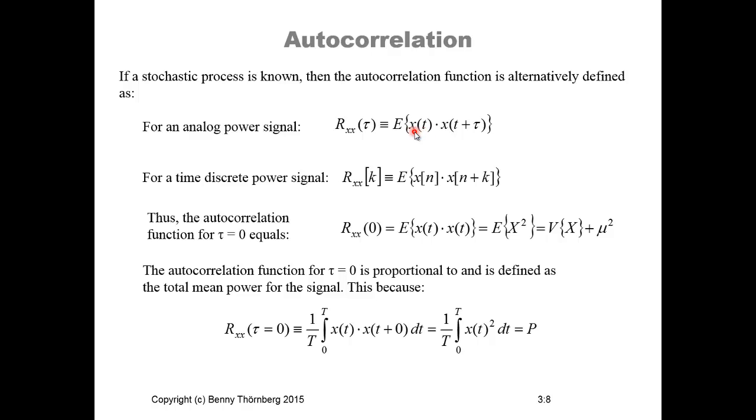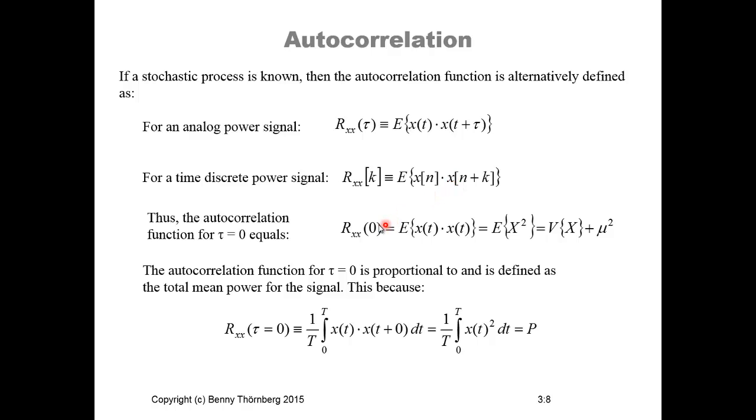And two of those are x of t and x of t plus tau, where tau is then the time shift between the time points when we are fixing the stochastic process. And we are computing the expected value. For a time discrete power signal, we have the similar definition, except that now we have k that is defining the difference in number of samples. The expected value of x of n times x of n plus k.